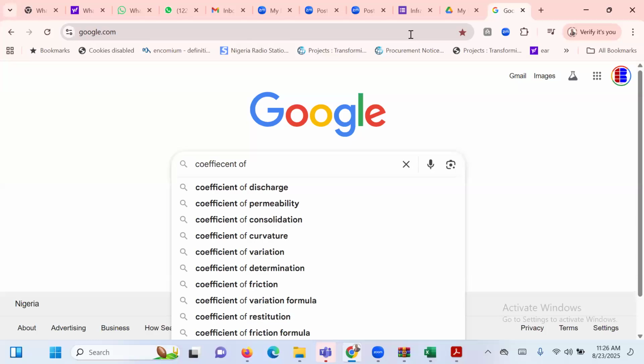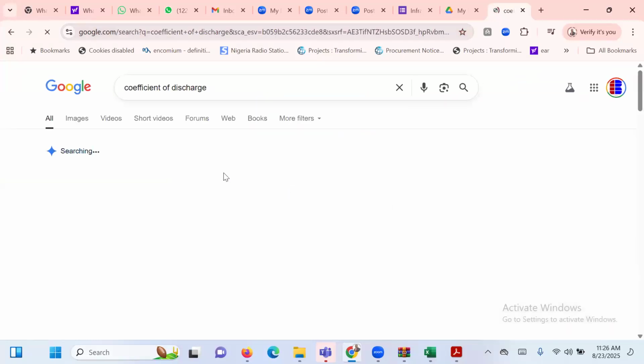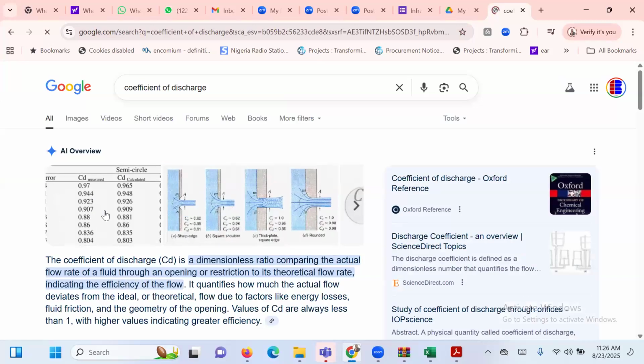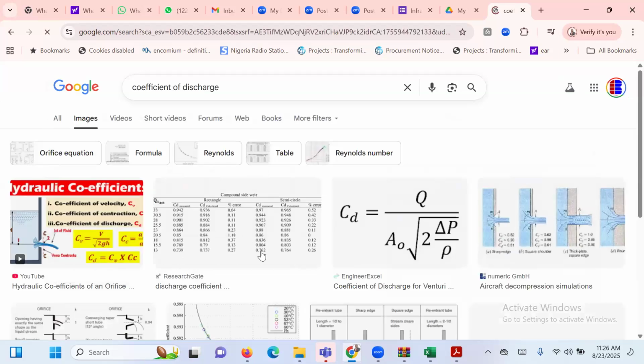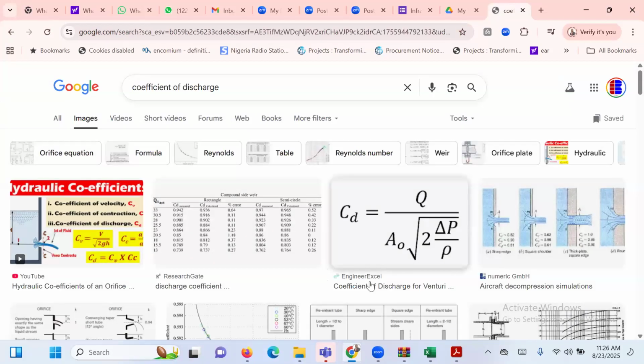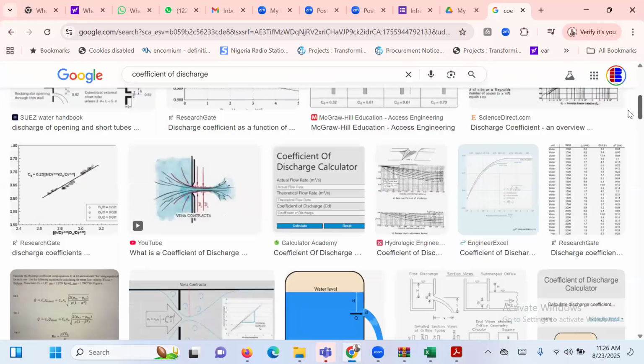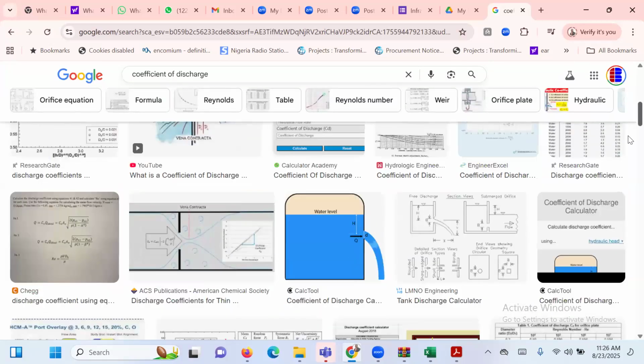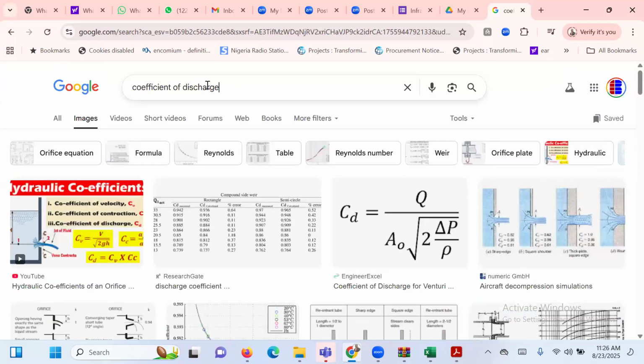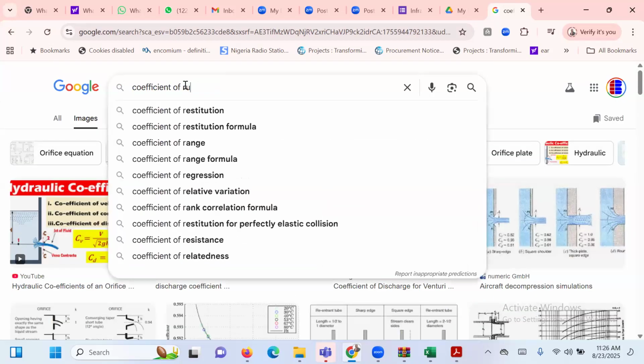Okay, look at it. You can click on any table. You can say image. It will tell you every material and its equivalent runoff coefficient.